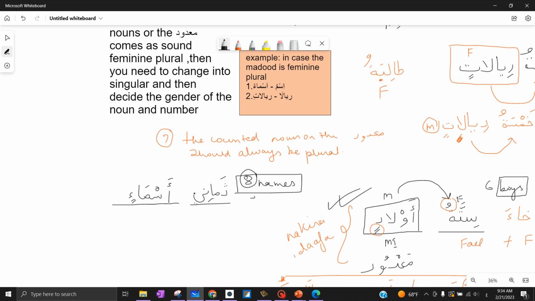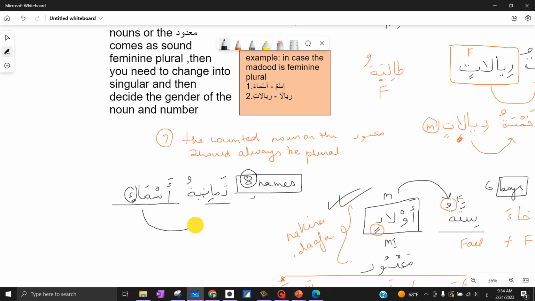Sorry, it should be samaniyatu. Samaniyatu with a ta marbuta. Now, if you see this is a plural noun and it is feminine, as it looks like here, a hamza, you see a hamza.